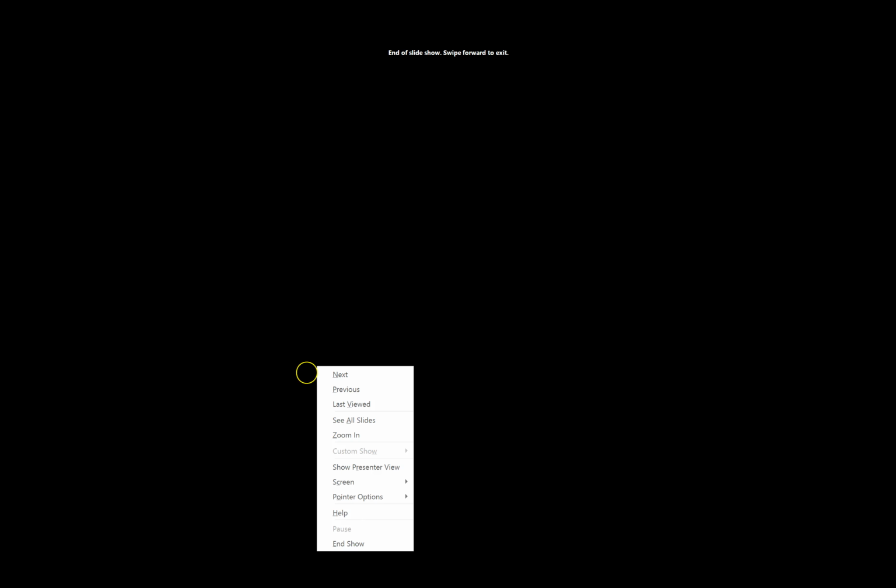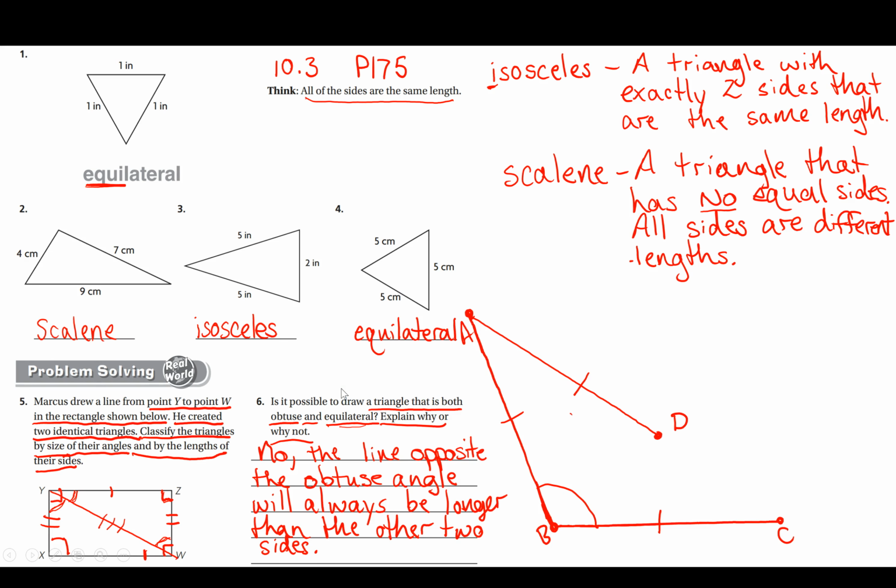So what that means, going back, is, here's our obtuse angle. So the line opposite the obtuse angle, on the opposite side of the triangle, has to be longer. In order to make it a triangle, it has to be longer than the other two sides, than this side and this side. So line segment AC has to be longer than line segment AB and line segment BC. So we mark it by two lines showing that this whole line is different than this line and this line.